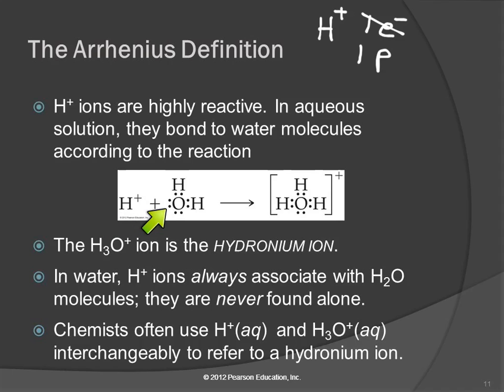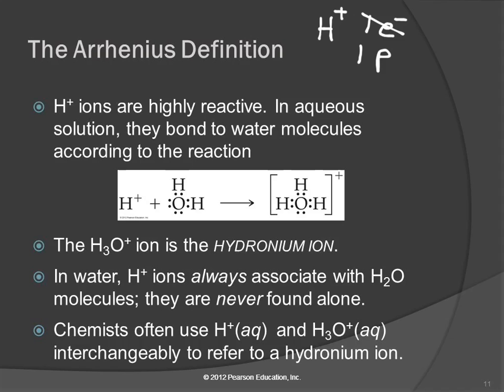But it can get its duet by coming over to water and saying, hey, can you share your pair of electrons with me? And the water's like, yeah, fine, climb aboard. So the hydrogen ion comes over here, and it's made a covalent bond with the oxygen in the water molecule. But this is a strange covalent bond because both the electrons came from oxygen. We call it a coordinate covalent bond.